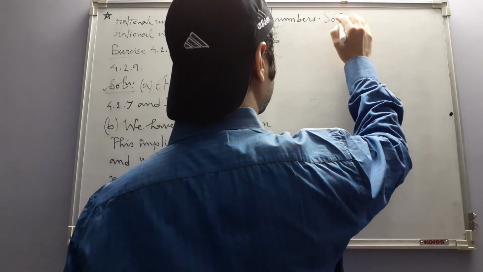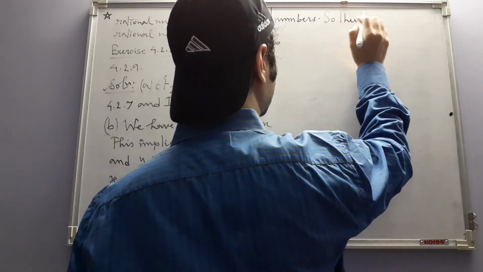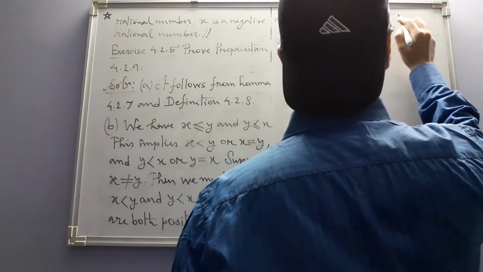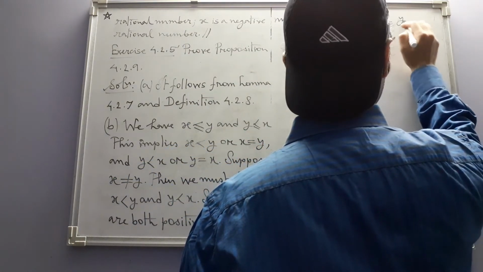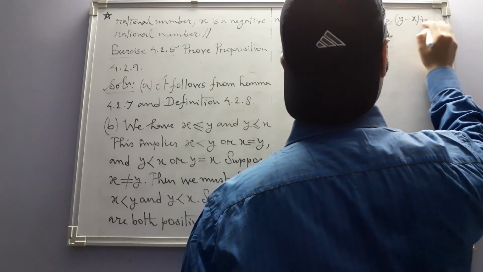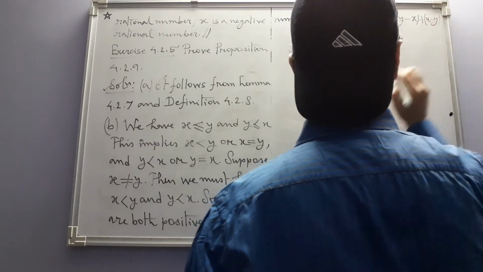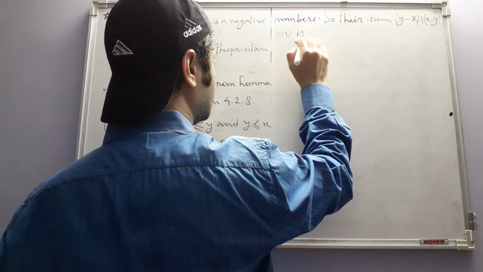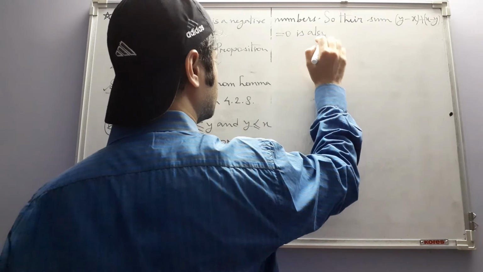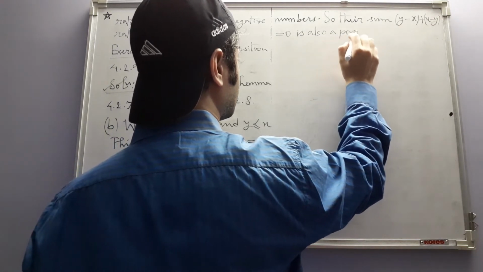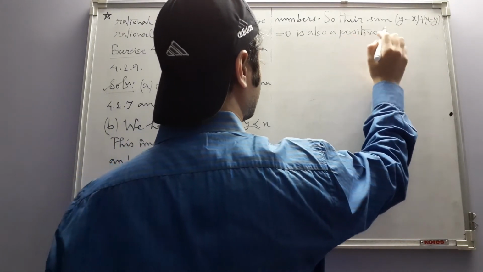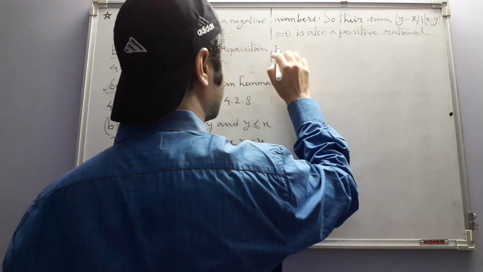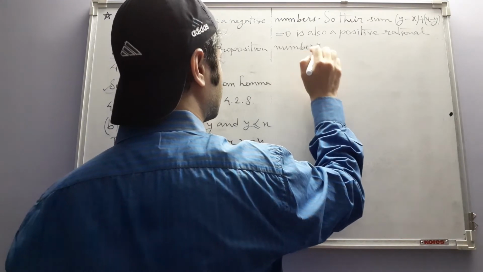So their sum, y minus x plus x minus y, which is 0, is also a positive rational number.